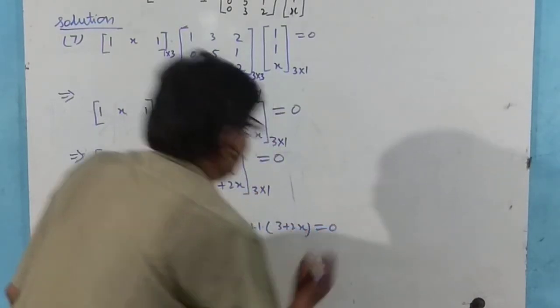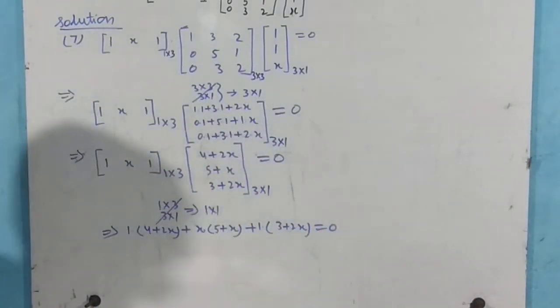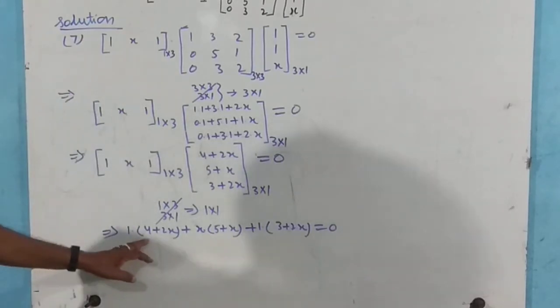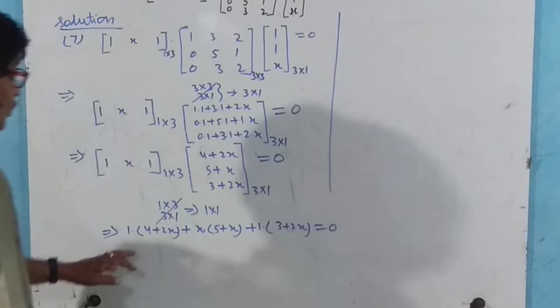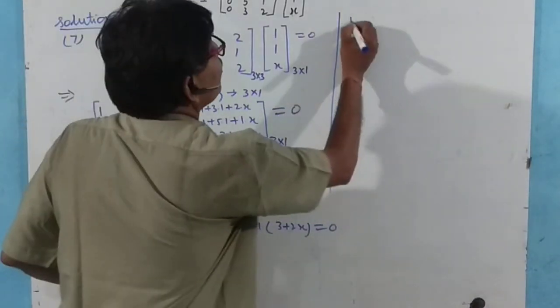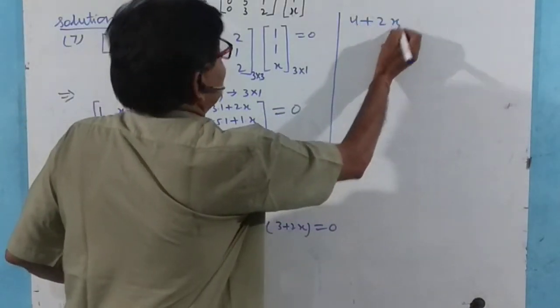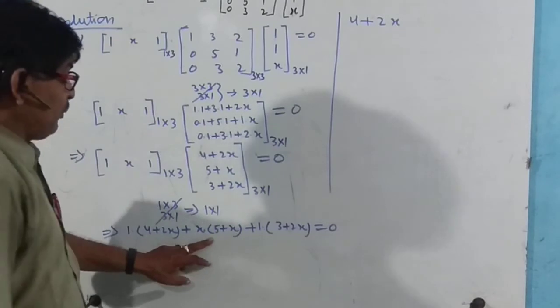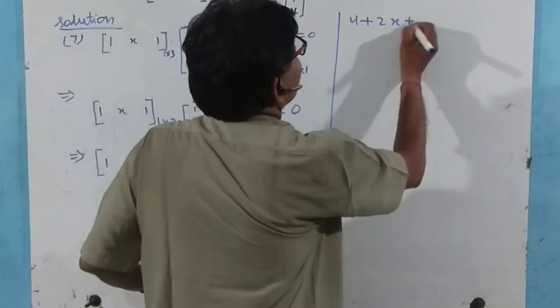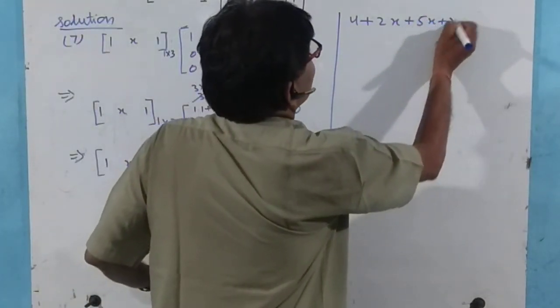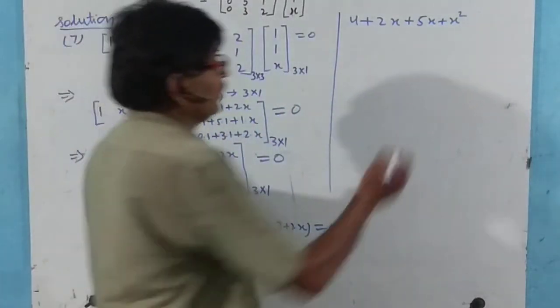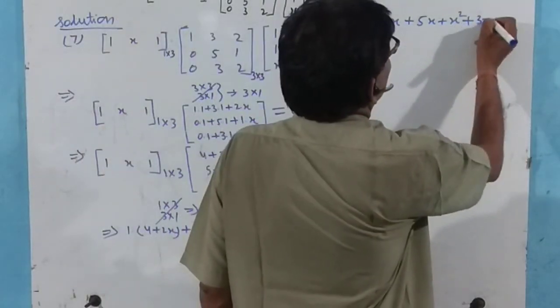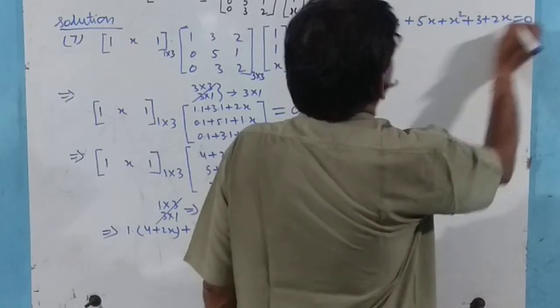This is equal to 0. Now we write this here: 4 plus 2x, this is 5x plus x square, this is 3 plus 2x, equal to 0.